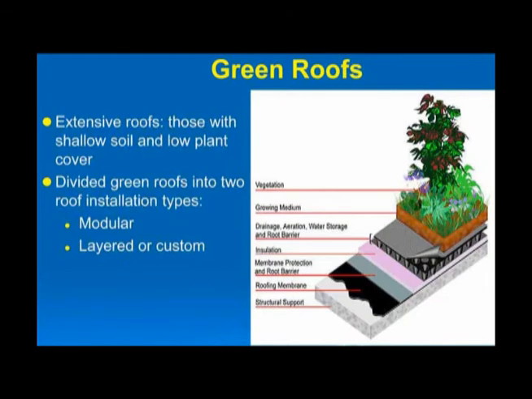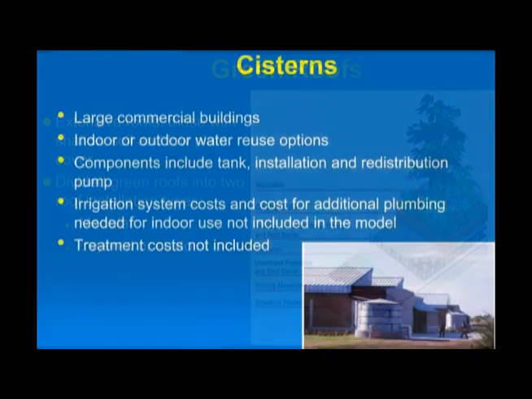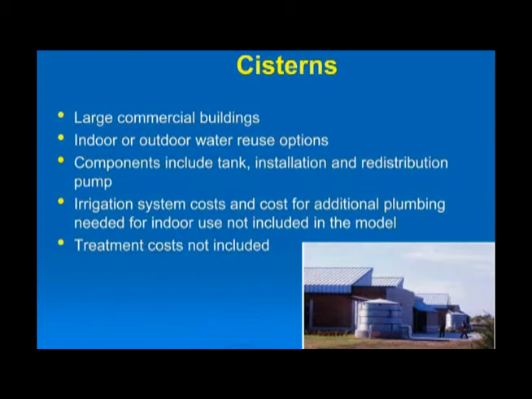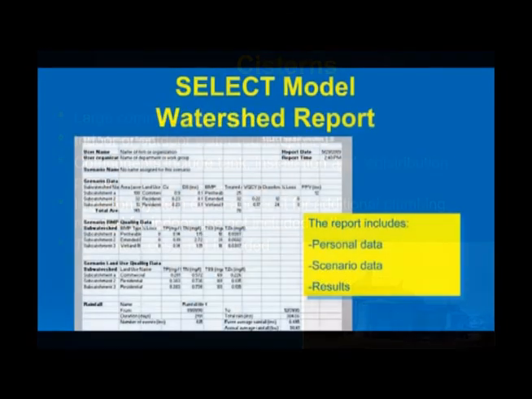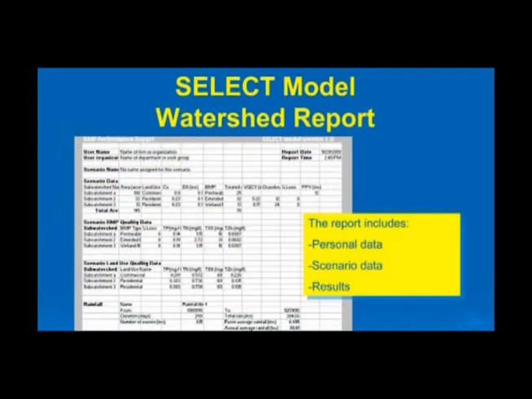The green roof costs tool evaluates costs for extensive green roofs. The tool offers 2 cost estimate methods. One is based on a pre-manufactured modular style installation, and the other allows for a custom installation. Cisterns are also covered in the LID cost tool as indicated on the slide, but they are not included in the SELECT model.